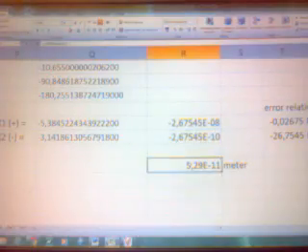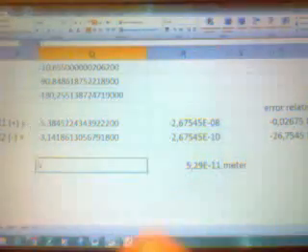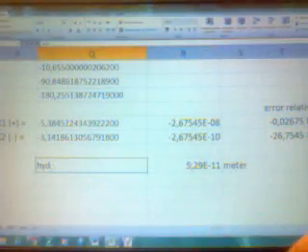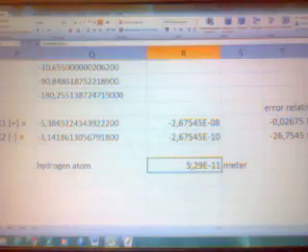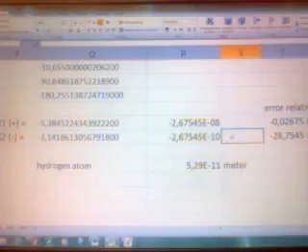And if you compare that to the hydrogen atom, which has a dimension of 5.29 times 10 to the power of minus 11 meter, and you put this in centimeters, as I have constructed the graph. This is a meter.